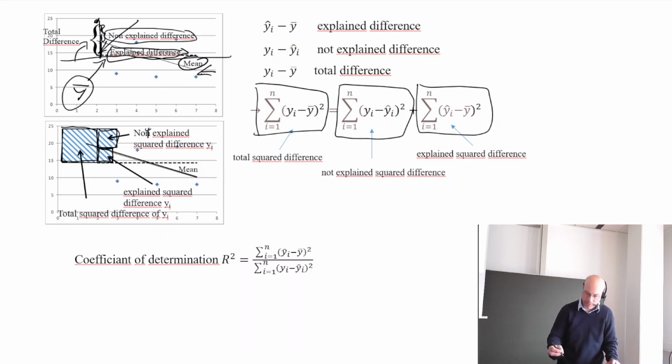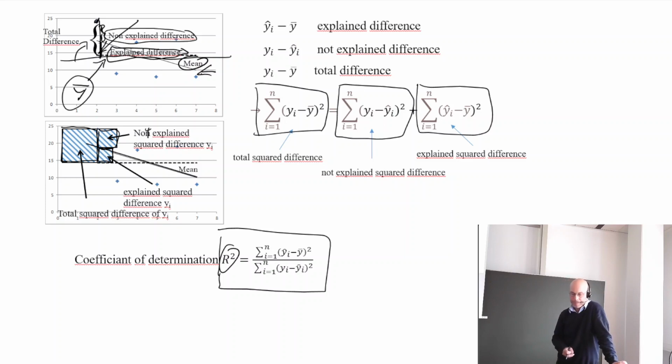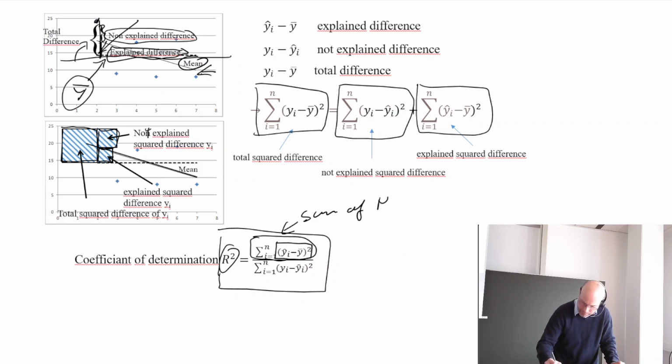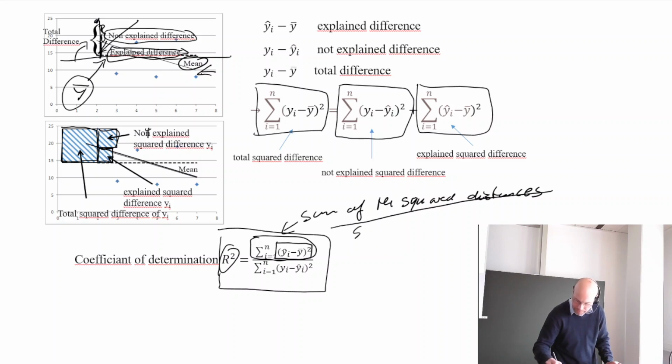And then we can show, and this we will do, I think, within an exercise, that our squared coefficient of correlation can also be written as the sum of the explained squared distances divided by the sum of the total squared distances.